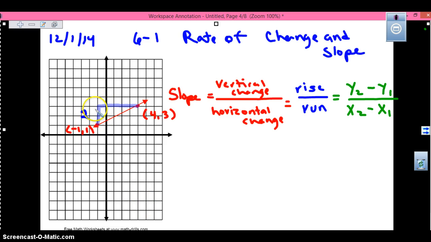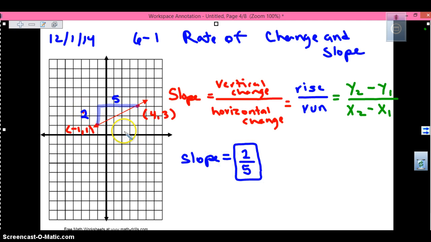The horizontal change, the run, is 1, 2, 3, 4, 5. So slope would be equal to 2/5.